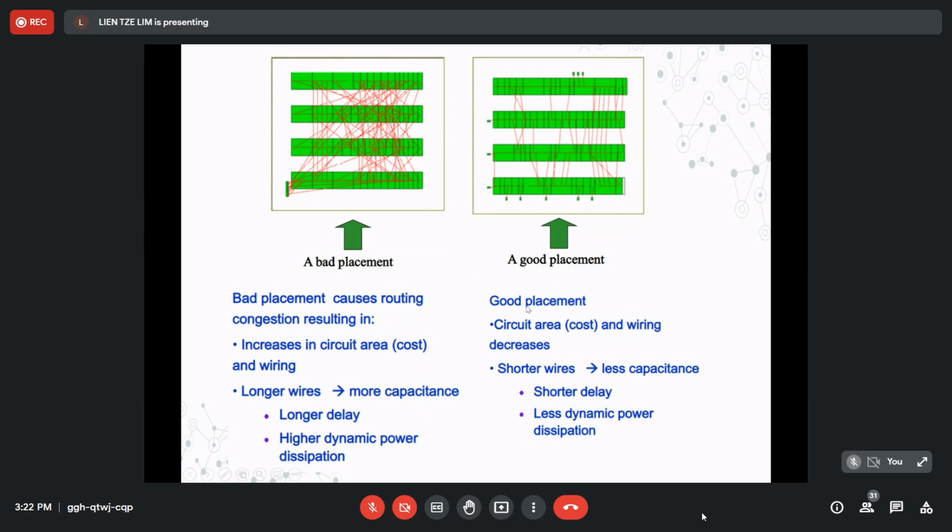For a good placement, the circuit area and the wiring decrease. The use of shorter wire will have less capacitance, a shorter delay, and less dynamic power dissipations.